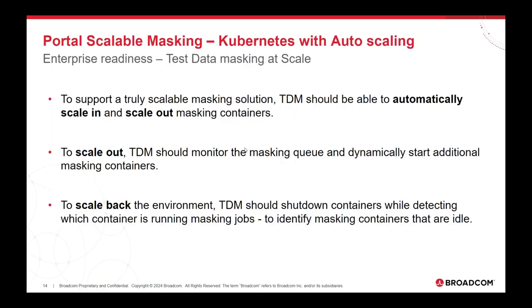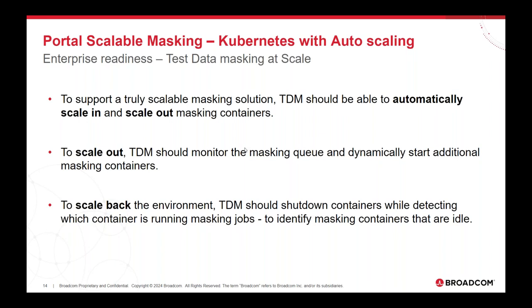So this is when, for truly enterprise-grade masking, scalable masking using Kubernetes comes into play. The Kubernetes deployment of TDM comes with automatic scaling and scale-out functionality, which means depending on how much information there is to mask, how many tables and how many rows of data, TDM will be able to scale out additional Kubernetes pods which can perform the masking.